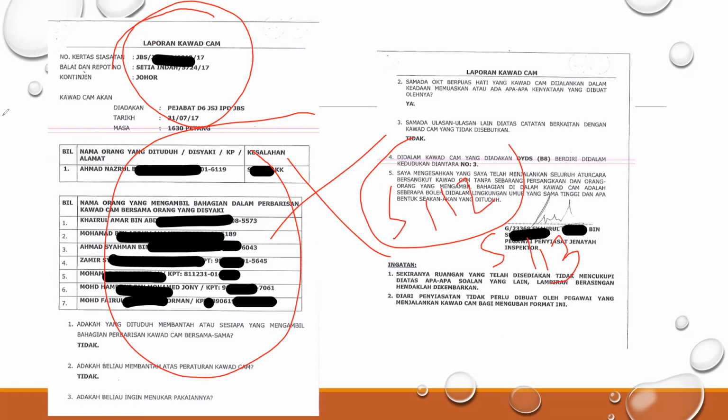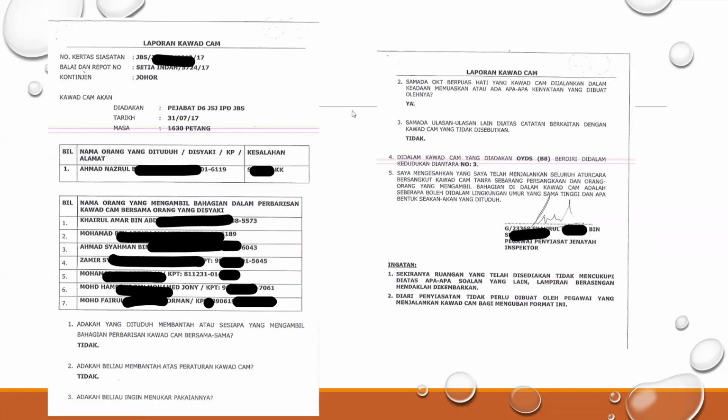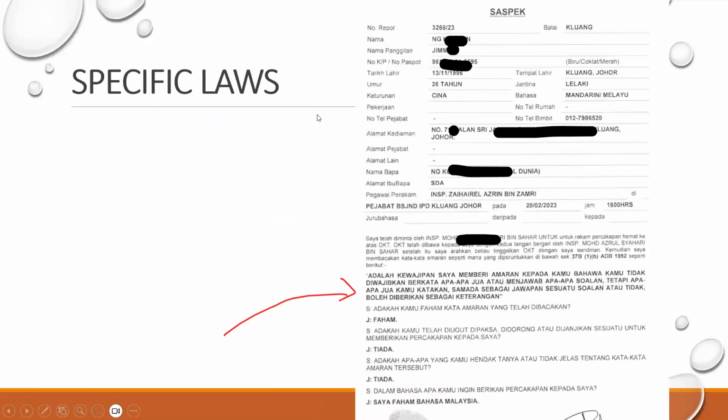CCTV usually is used to identify who the criminal is, usually in cases like robbery, snatch theft, or sexual offences, all these sorts of cases that require the identity of the offender or the accused to be determined. So they will use CCTV. And if you have specific laws, you have to be a little bit careful.